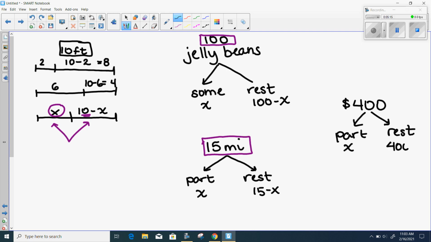The rest of it is the $400 I started with, minus the part I put in the bank, which was X. Splitting something into two pieces, one of them is X, the other one is what I started with, minus X.